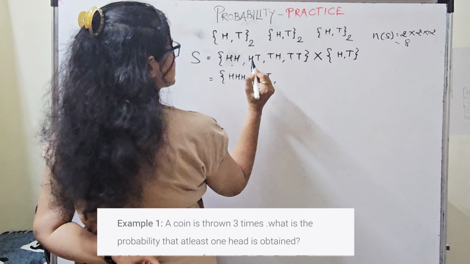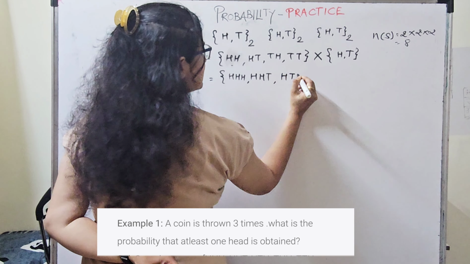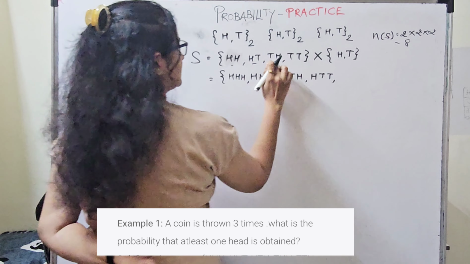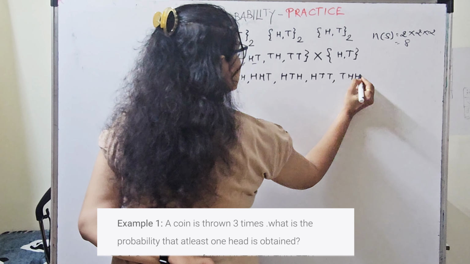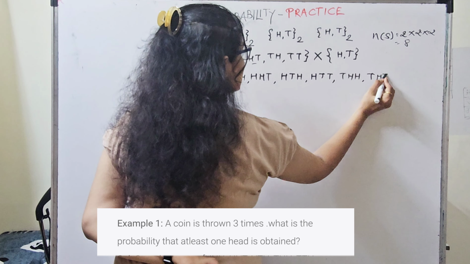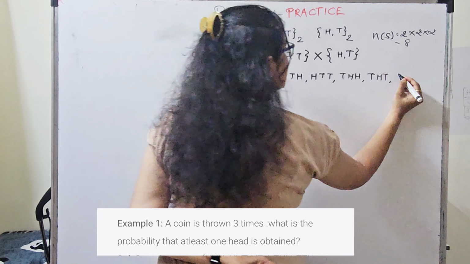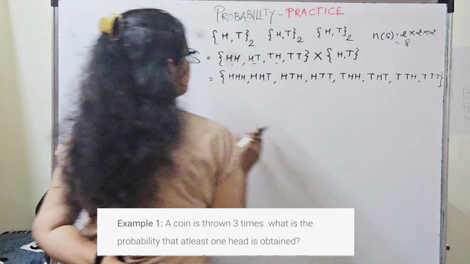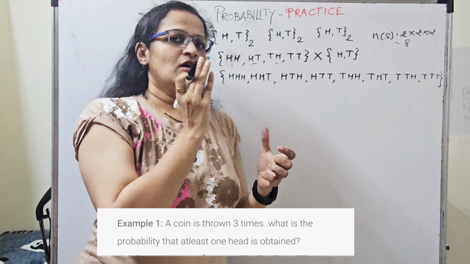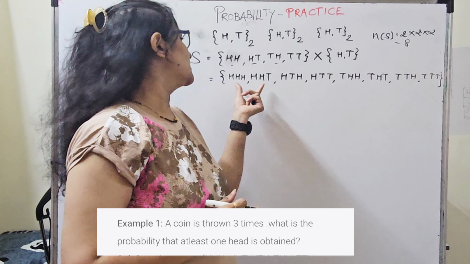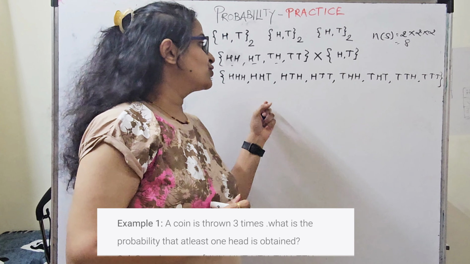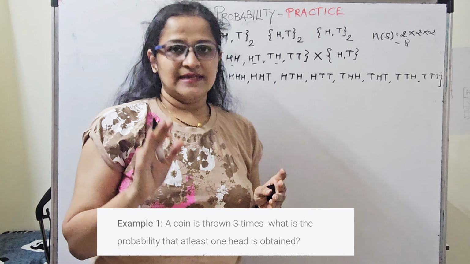Done with HH. Now HT: HTH, HTT. Now THH, THT. Now TTH and TTT. The benefit of finding the sample space by using this Cartesian product way is you do not miss any outcome.